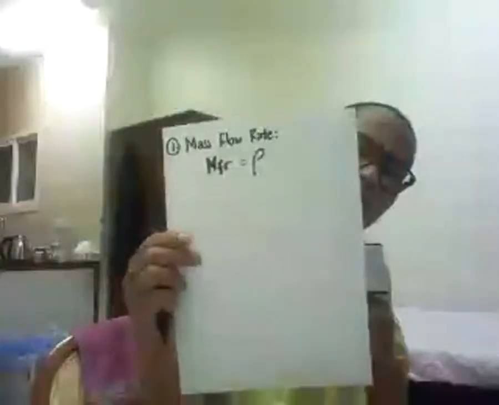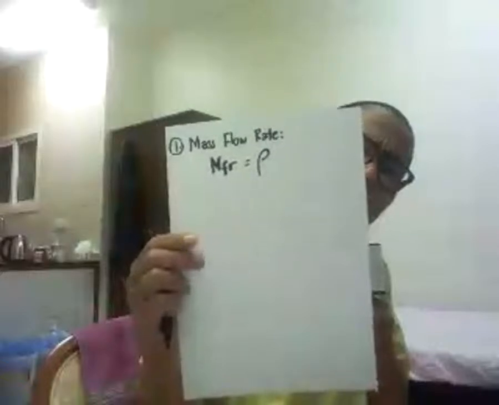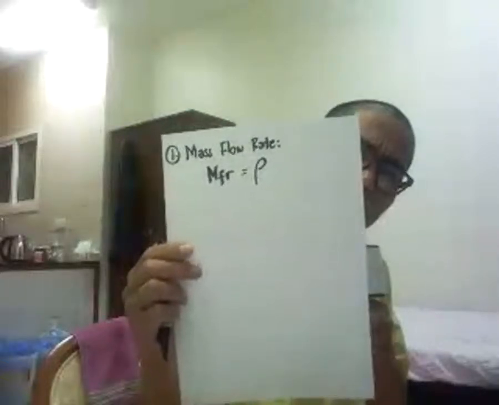This is a Greek symbol that was used by our old scientists in the past, especially in nuclear chemistry, nuclear transmutation, or radioactivity. So it is density times the area times the velocity. This is the formula.